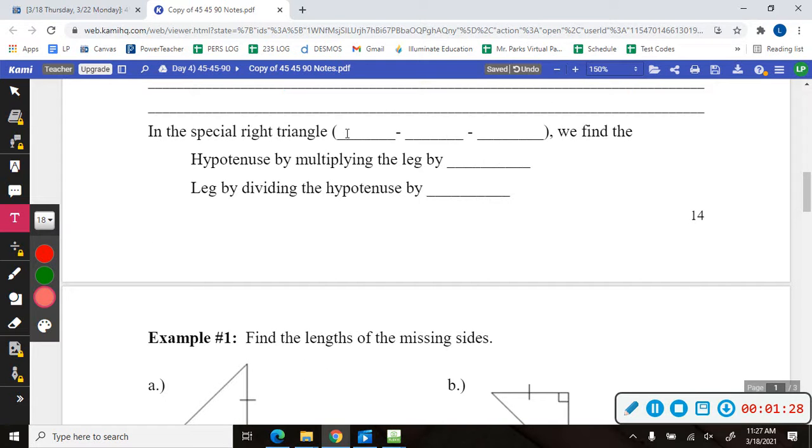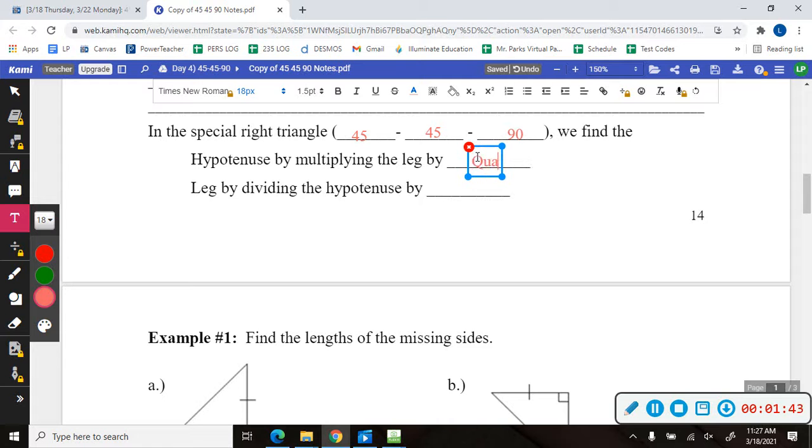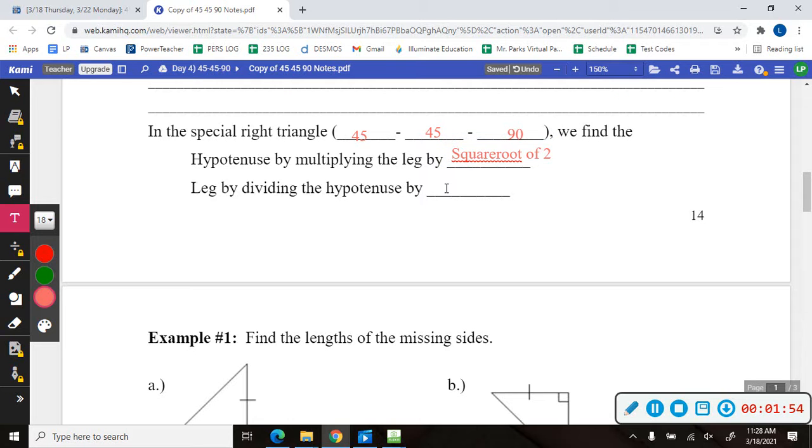So in a special right triangle that's 45, 45, 90, if you're trying to find the hypotenuse, you just multiply the leg by square root of 2. And if you want to find the leg, if they give you the hypotenuse, then instead of multiplying, you're going to divide by the square root of 2.